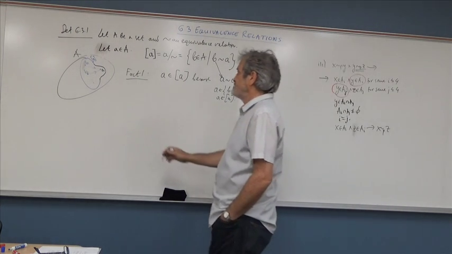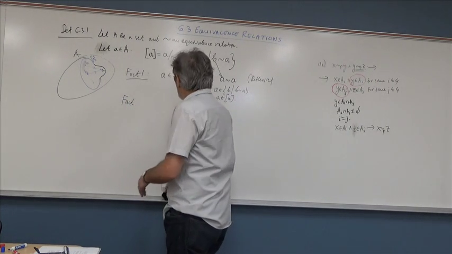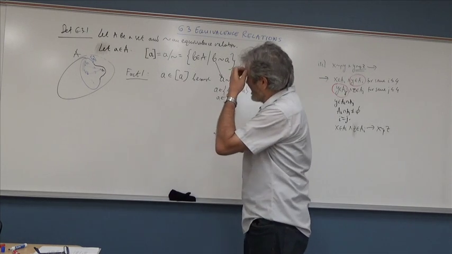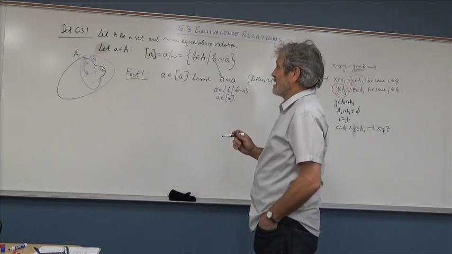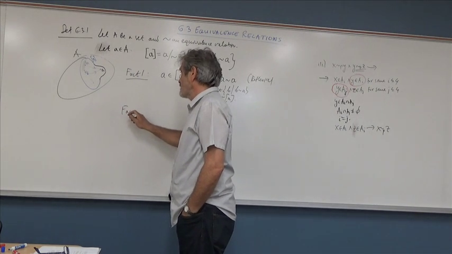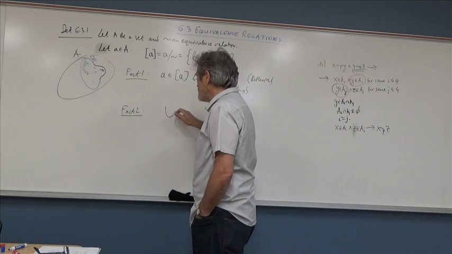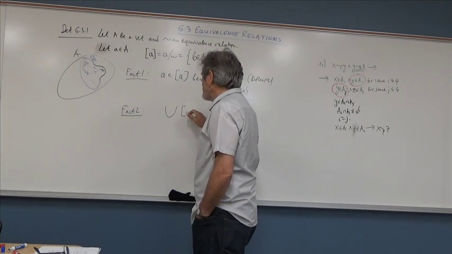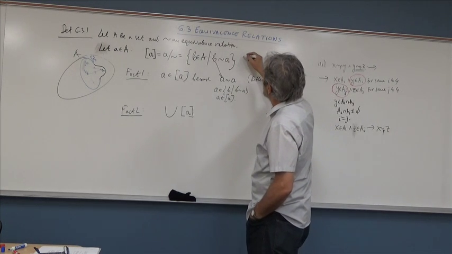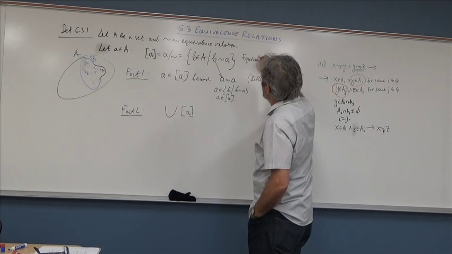What second fact? I can get more from this fact one. Or actually, why don't I say that that's fact two? When I take a union of all the classes, did I say that this is called the equivalence class of A?